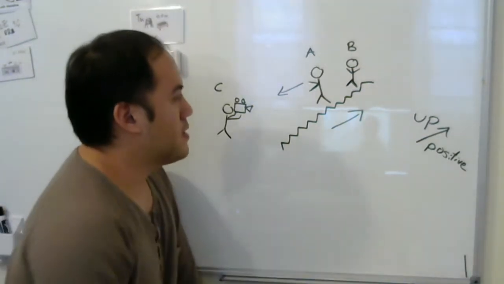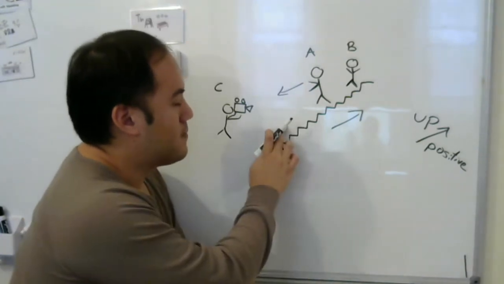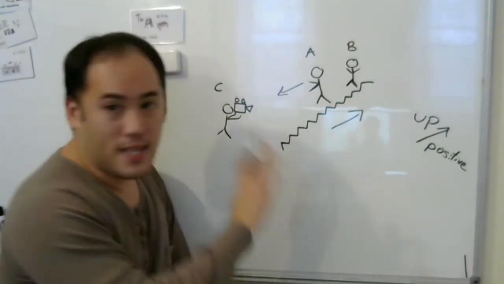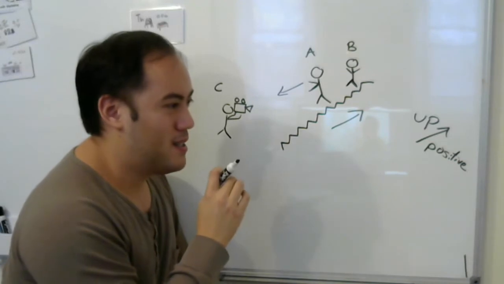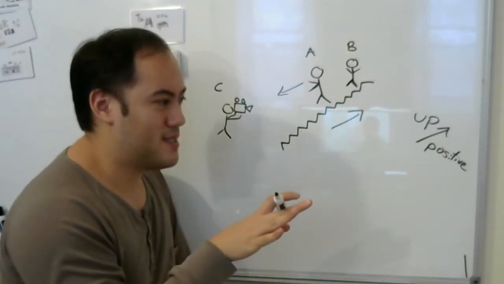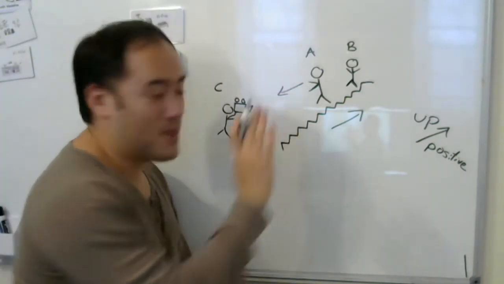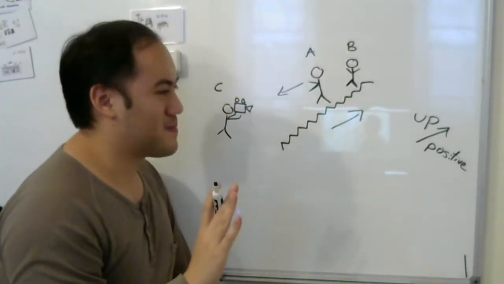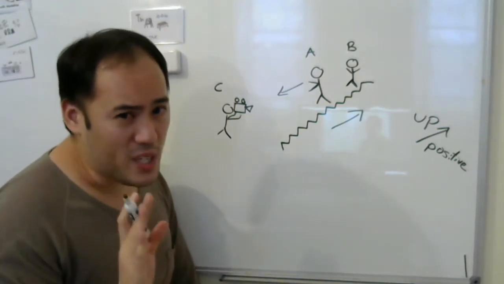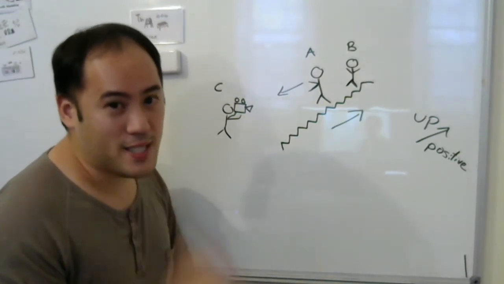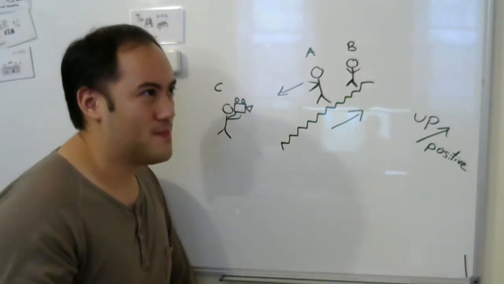Let's say this person was walking down. Let's say person A and person B are heavily inebriated. So they're so intoxicated, they don't realize they're on an escalator. They think they're on stairs. Just go with it.